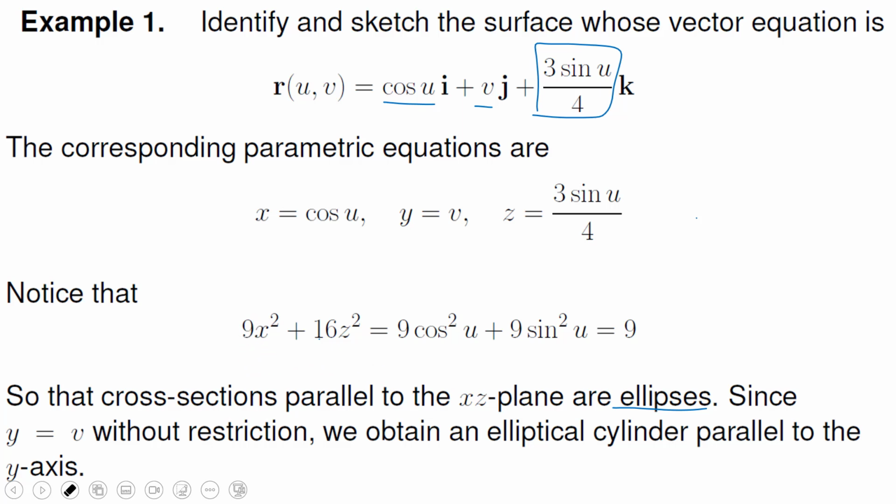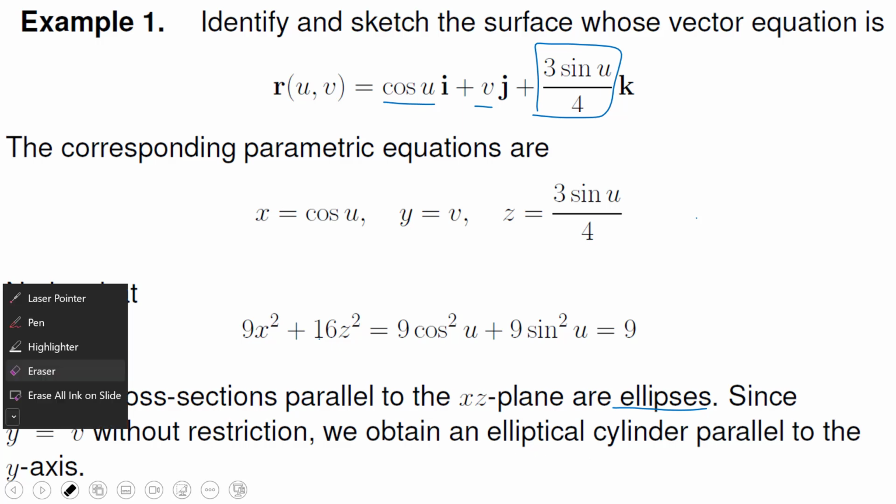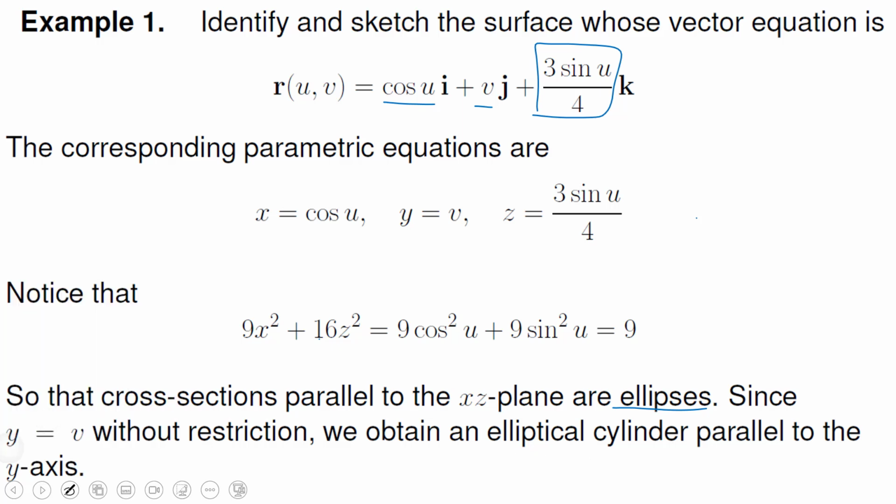Okay. And y is constant, is equal to v. So you have an elliptical cylinder, right? Because y is constant. If you remember when we said z is equal to z, here y is the same as y in this Cartesian or in this new representation, right?